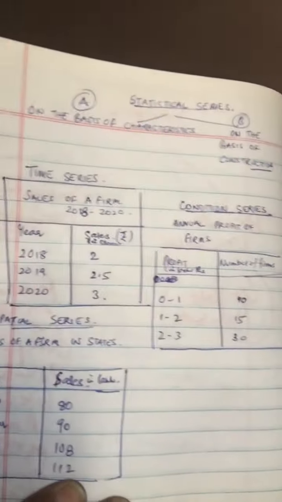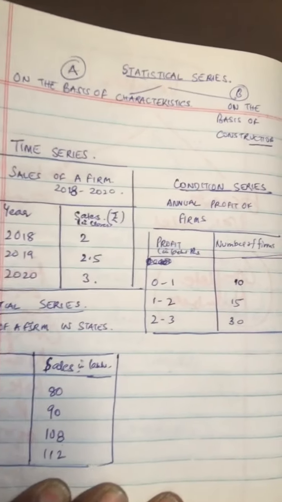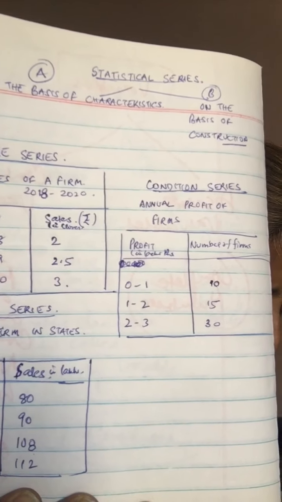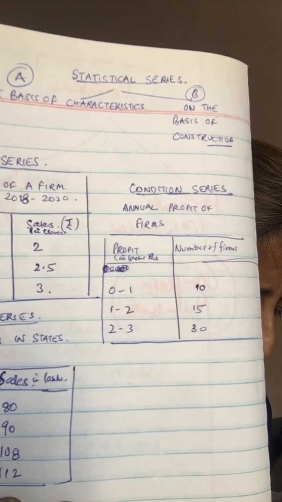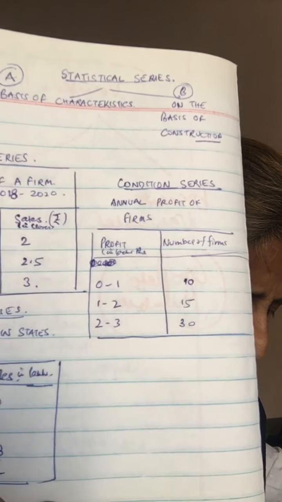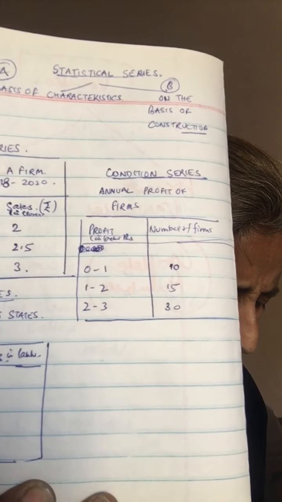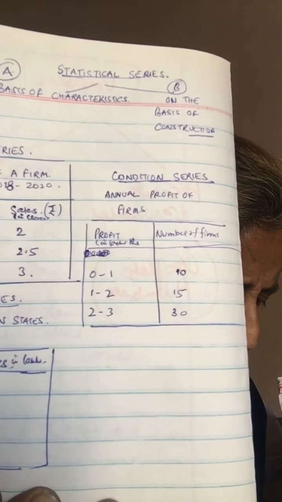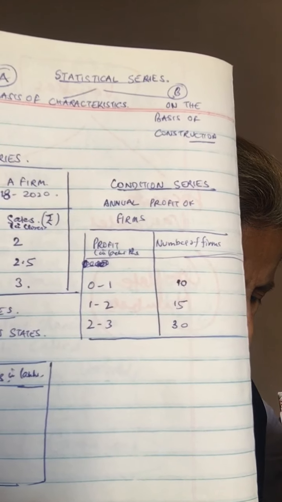So just have a look at this statistical series, as we say. Classification of data implies conversion of raw data into statistical series. So here we keep in mind the nature of variables that are involved in the study and the range of values.